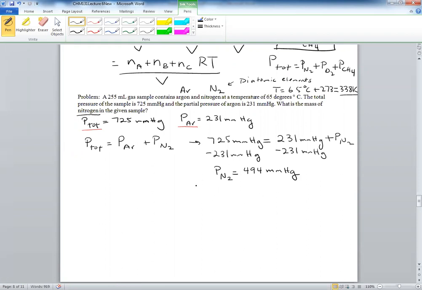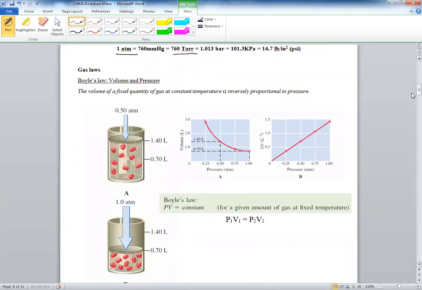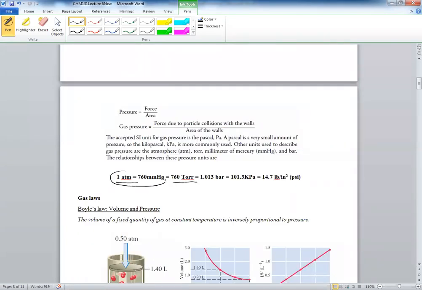Okay. Now it is advisable that you convert this to atm. So right away we say P of N2 is 494 millimeters of Hg. If we go back to one of the first few pages, 1 atm is 760 millimeters of Hg.